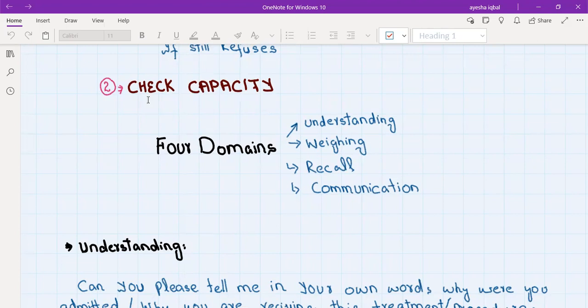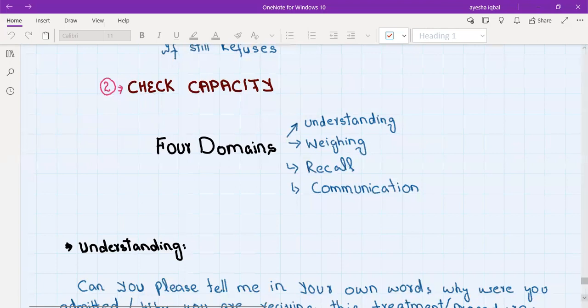How about this and how about that? They will keep annoying the patient and keep telling the solutions, but they will not check the capacity. If the patient keeps on refusing, this is because the examiner wants to know whether you can check capacity or not. So the main task here becomes checking the capacity and not convincing the patient. So, be careful about that.